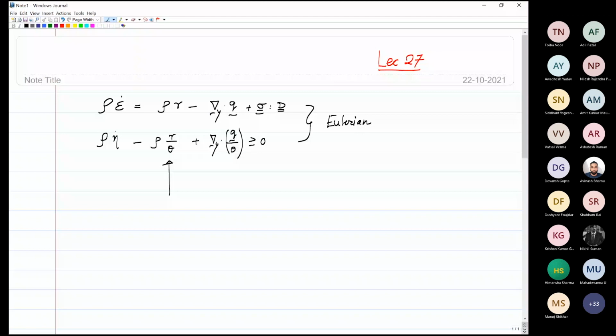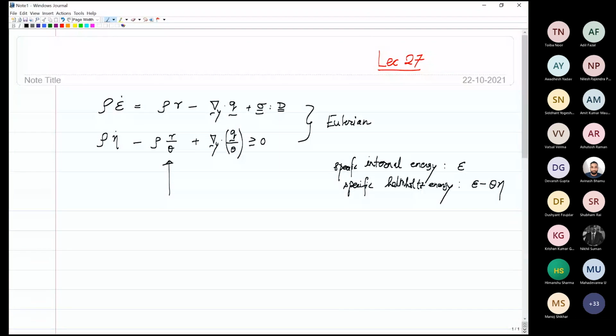There are several kinds of energy. One is internal energy, let's say specific internal energy, which we denote by epsilon. Then we have a specific Helmholtz energy, which is epsilon minus theta times eta.